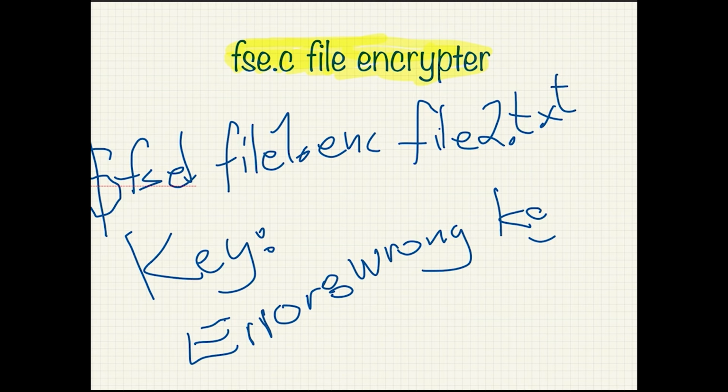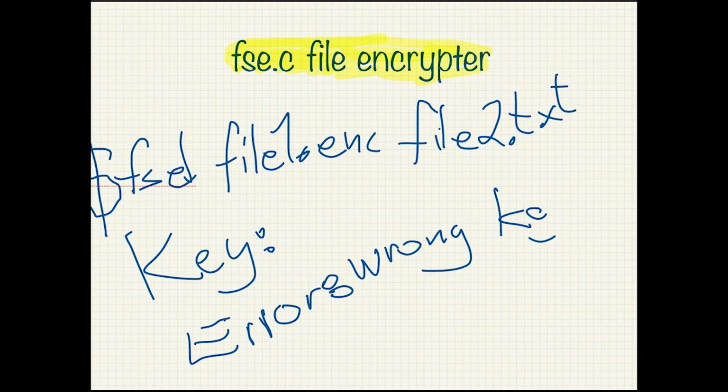So we have two different programs. We have FSE, which will encrypt a file. You just give it a from and a to. And then we have FSD, which will do the reverse. It will decrypt the file.